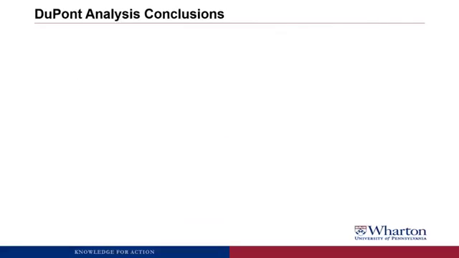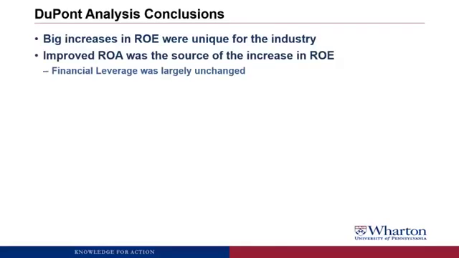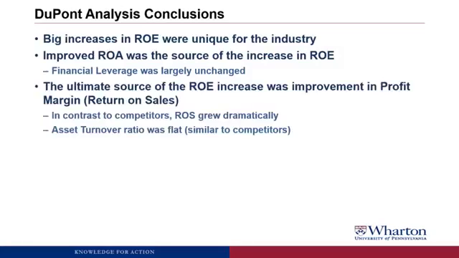So to wrap up, what we learned from the DuPont analysis is that the big increases in return on equity were unique for the industry. So Plainview was clearly doing something that the rest of the industry was not able to do. Plainview's improved ROA was the source of its increase in ROE. It didn't improve through just levering up, borrowing more money, but it's actually operating the company more efficiently.